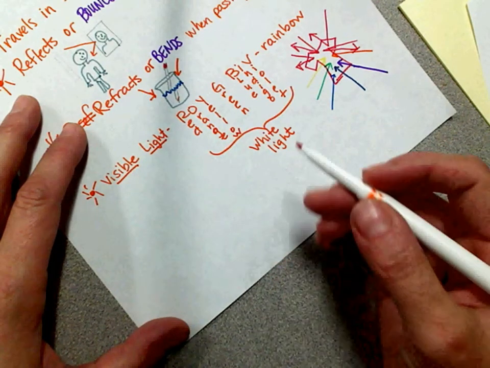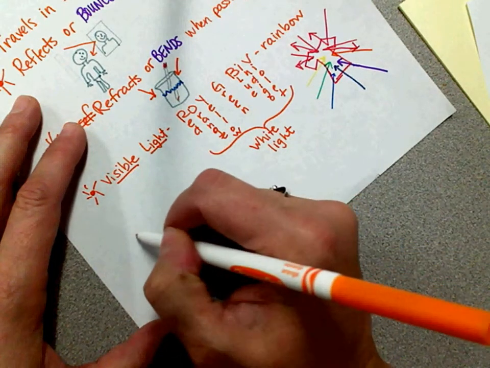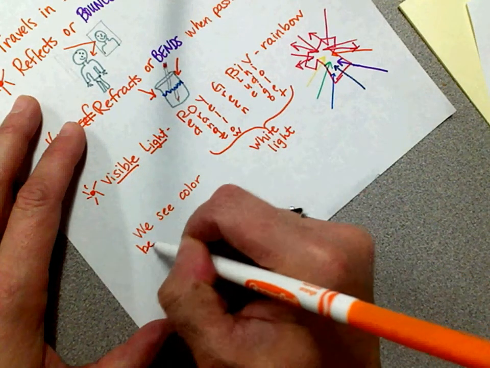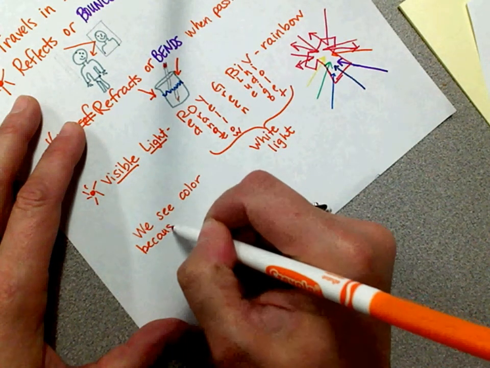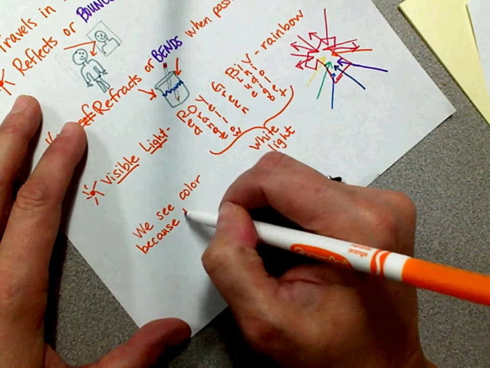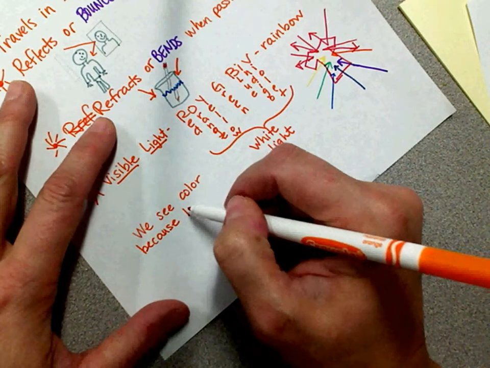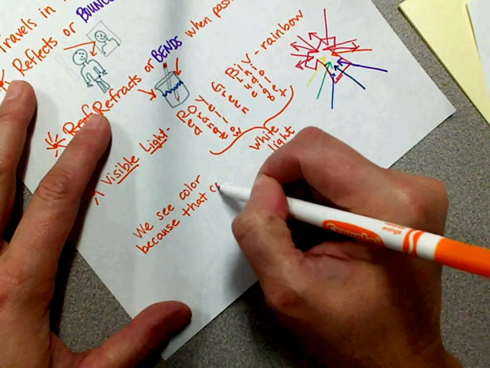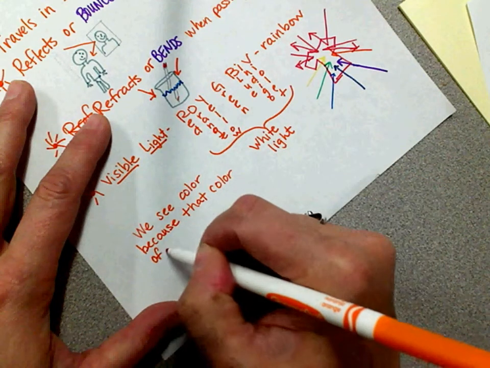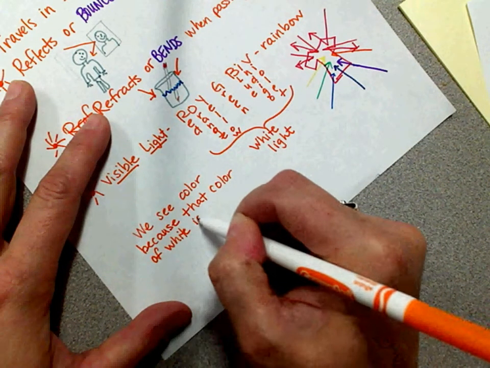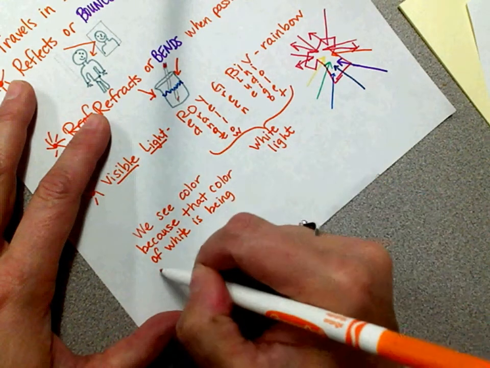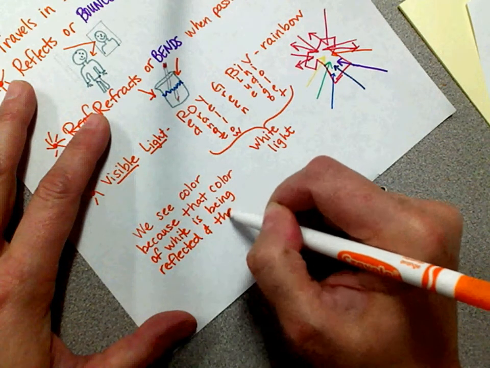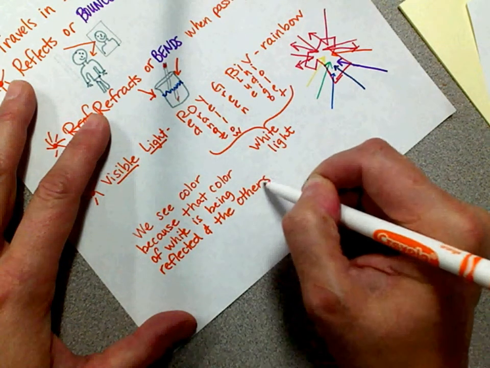So the reason that we see color is because that color of white light is being reflected and the other colors are being absorbed.